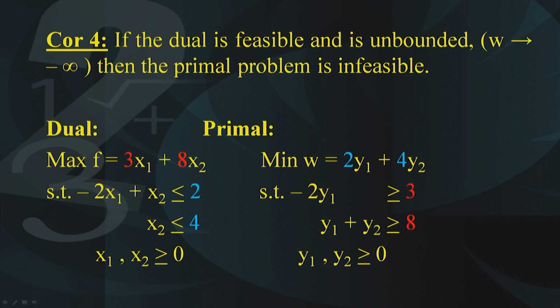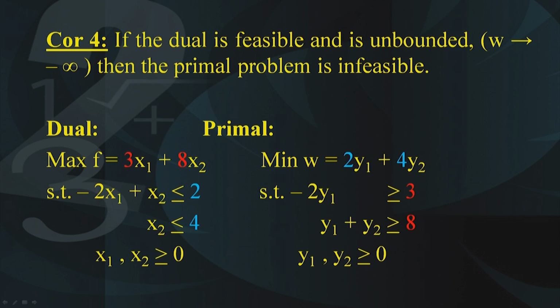The corresponding primal is minimization of W equal to 2y1 plus 4y2 subject to minus 2y1 greater than or equal to 3 and y1 plus y2 greater than or equal to 8, and y1 and y2 greater than or equal to 0.